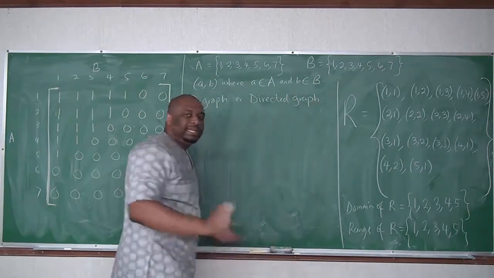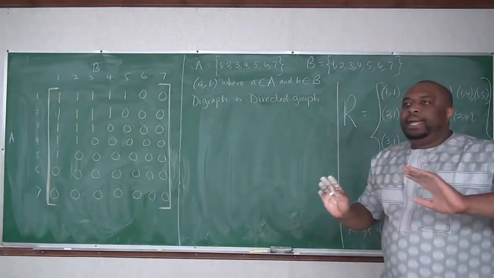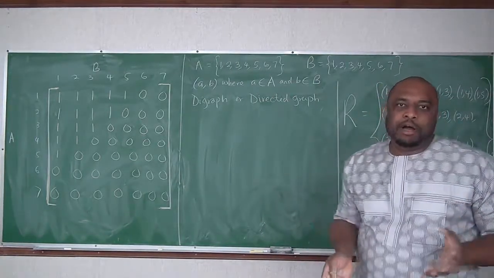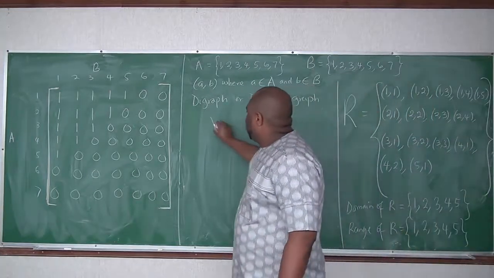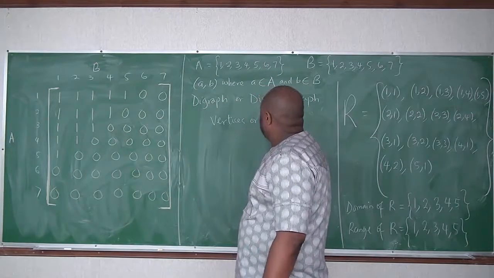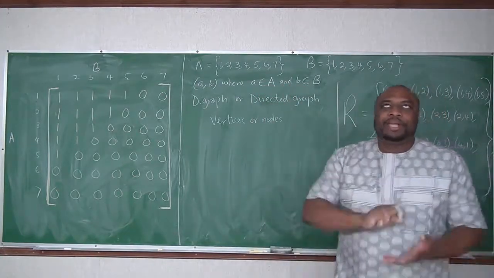Okay? You can write it down. A digraph consists of vertices, what we call vertices, or nodes.